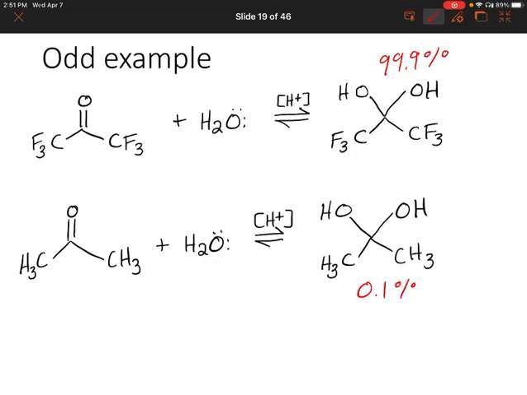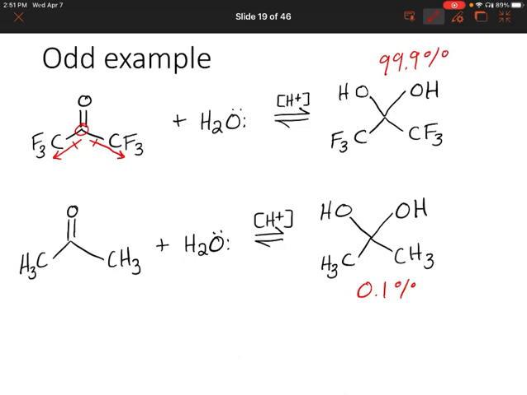So what do we know about fluorine? It's very electronegative, right? So that's going to draw electron density away from our central carbon.